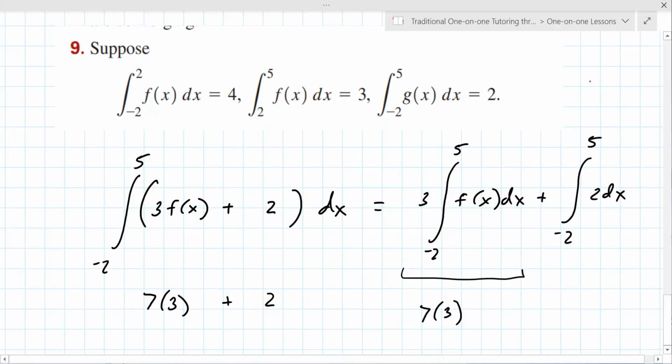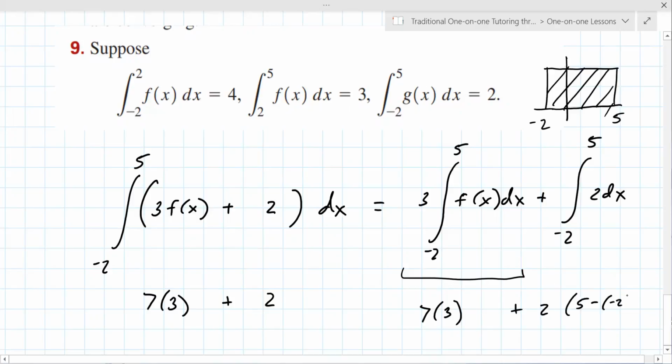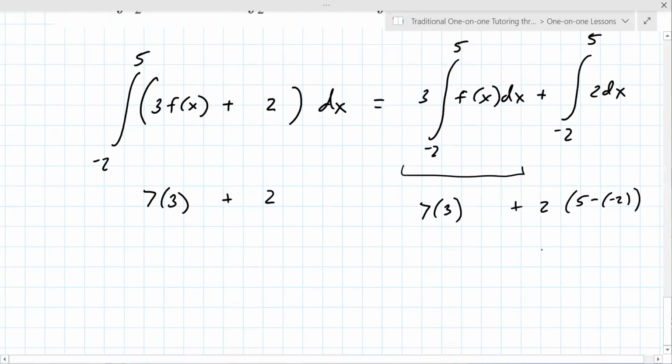The other way, the way that they want you to do it at this part of the course, is to realize that it's 2 going from -2 to 5. So it's really a rectangle here. It's 2 times 5 minus -2. So what is that? 7. So it's 2 times 7. So you get 21 plus 14.